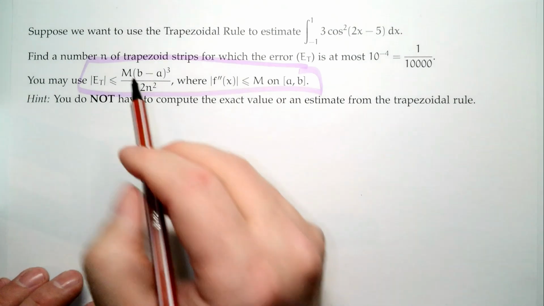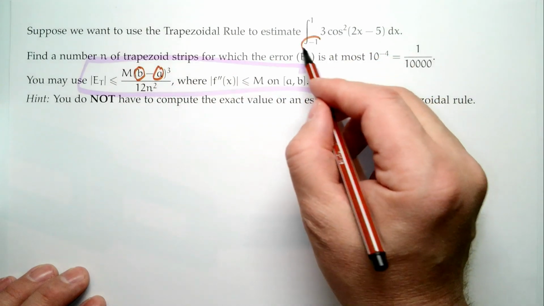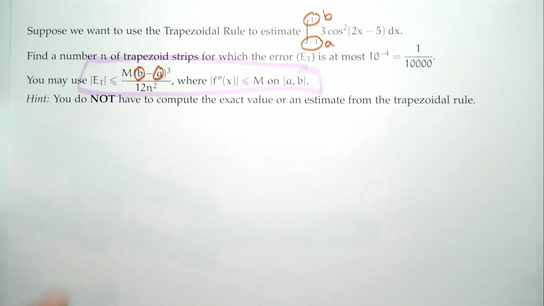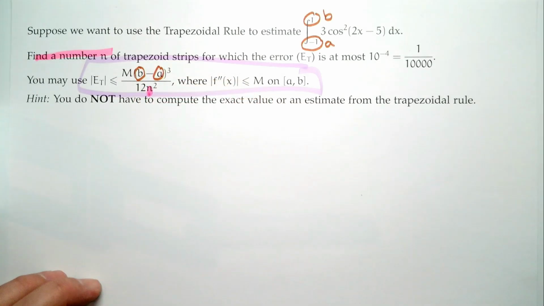Well, there are some things which are easy to spot. The B and the A are easy to spot because those are our bounds. So those are not so bad. The N, well, that is what we're looking for. See, it says find N. So this is what we're going to solve for, that N down there, which means the only thing we don't know is the M.